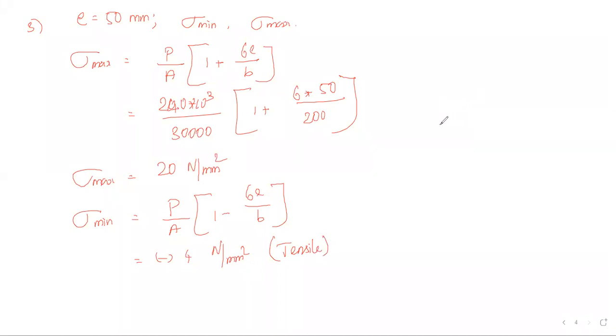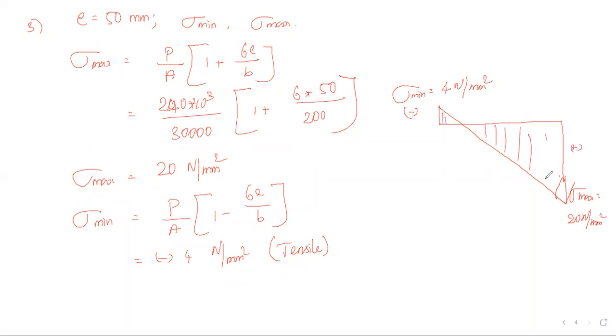Now the stress diagram will be like this: sigma max is equal to 20 Newton per mm square and sigma minimum is equal to minus 4 Newton per mm square. So this is minus, this is plus. This is the result for the third question.